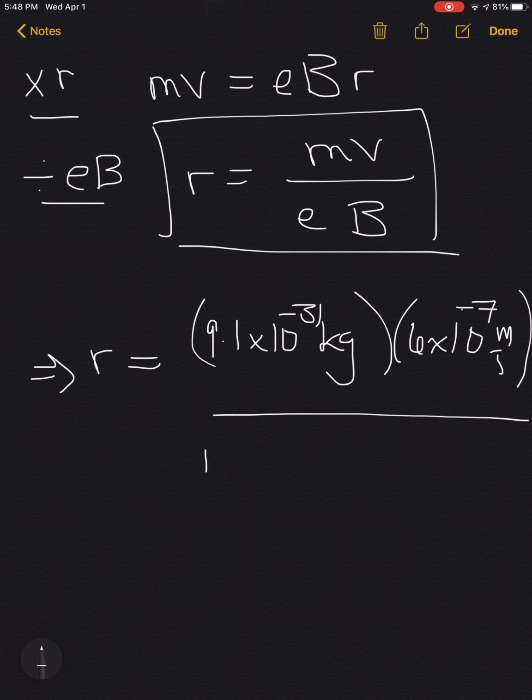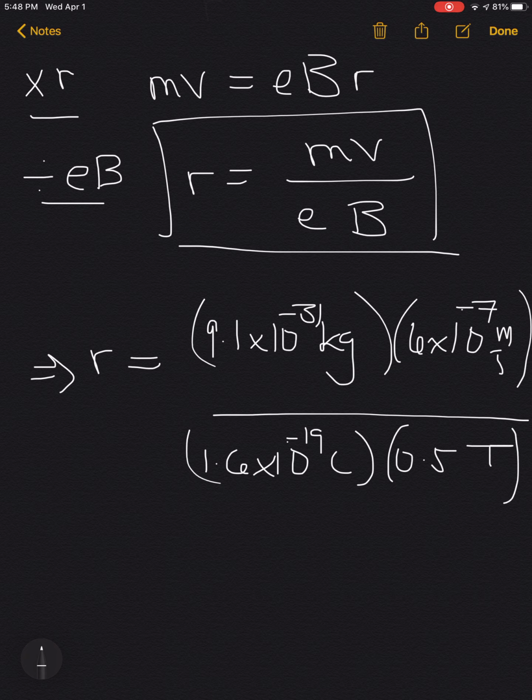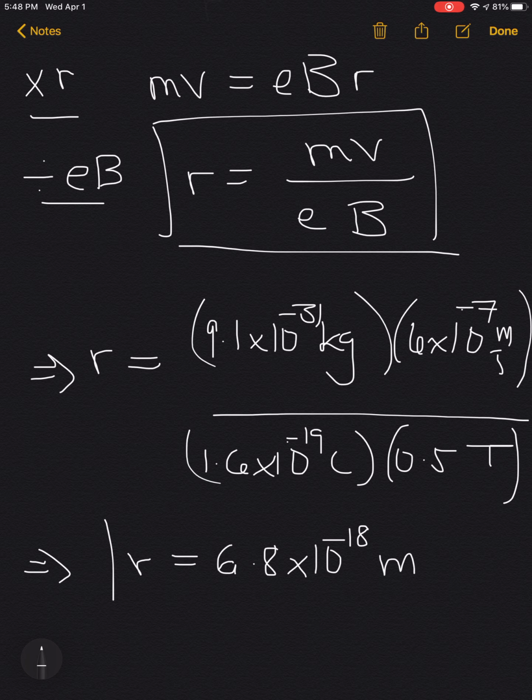We're going to divide by 1.6 times 10 to the minus 19 coulombs, and B is 0.5 Tesla. You put all that together, you get that the radius is going to be 6.8 times 10 to the minus 18 meters.